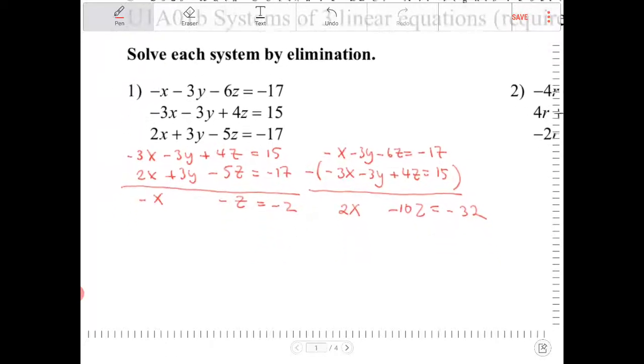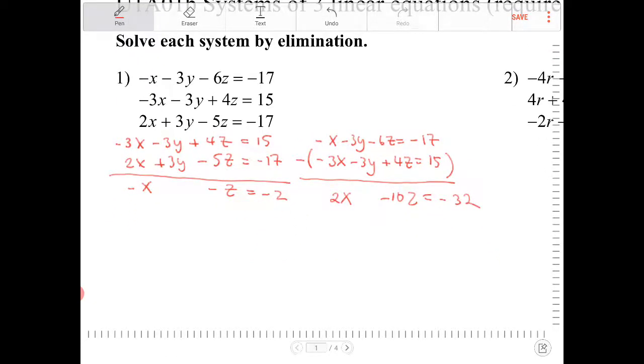All right, so now I have these two equations. And what I want to do with this is, notice right now I have two equations and two unknowns. This is now super familiar territory. So I'm going to rearrange this as negative x minus z is equal to negative 2. And then I have 2x minus 10z is equal to negative 32.